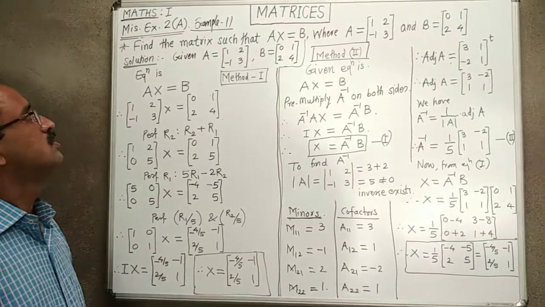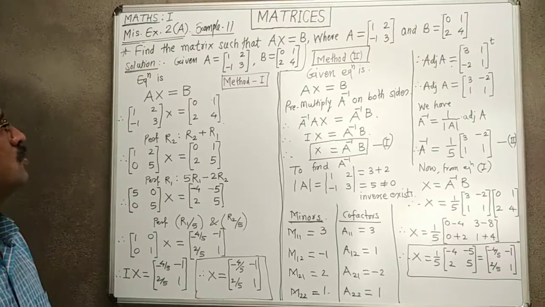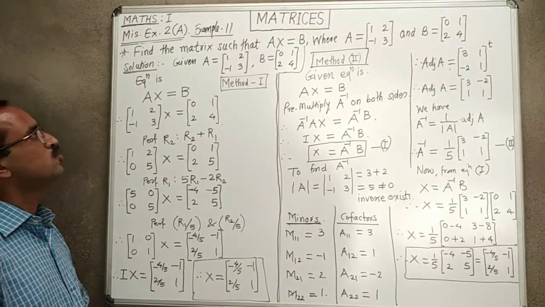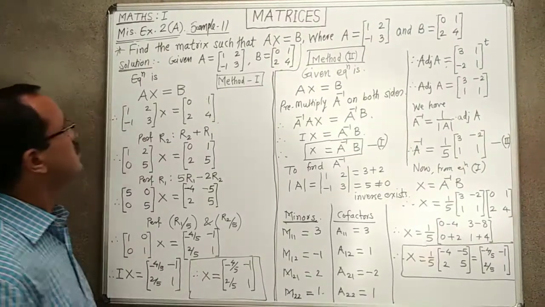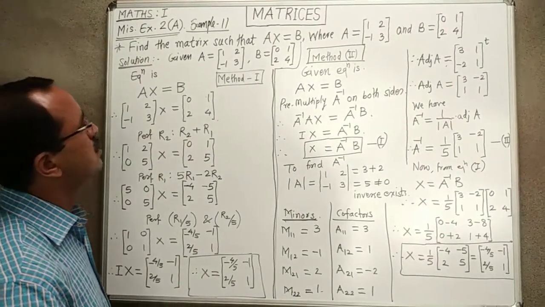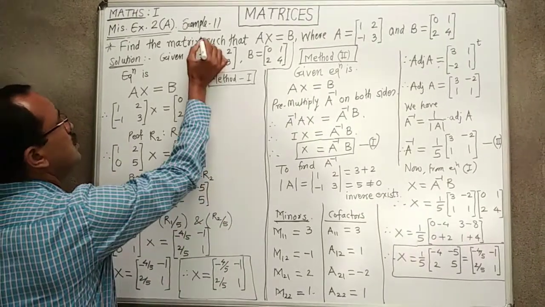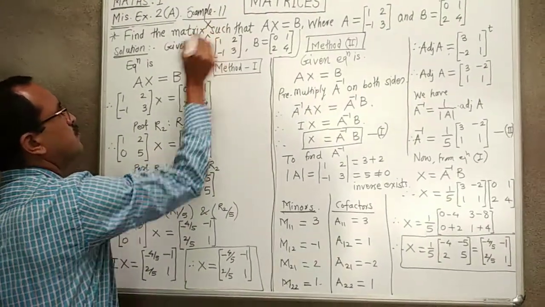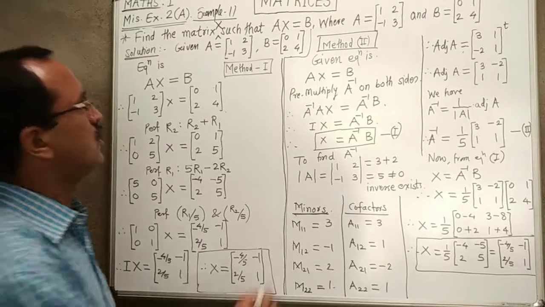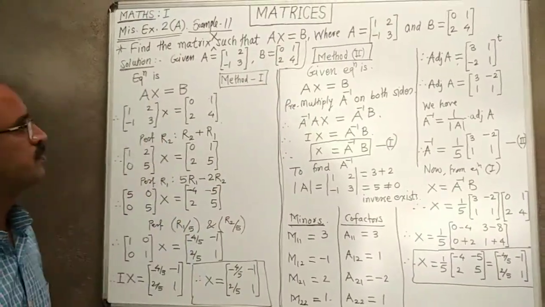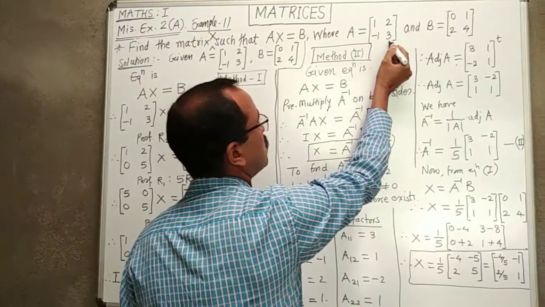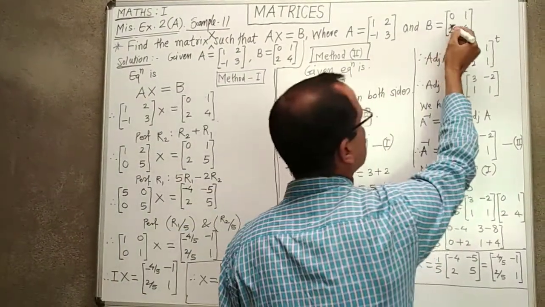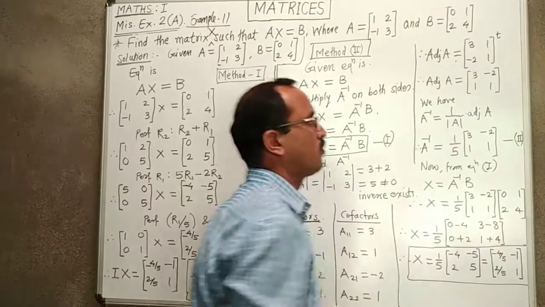Now we solve another example in miscellaneous exercise 2A. It is example number 11. The example is, find the matrix capital X such that AX is equal to B, where A is equal to matrix 1 2 minus 1 3 and B is equal to matrix 0 1 2 4.